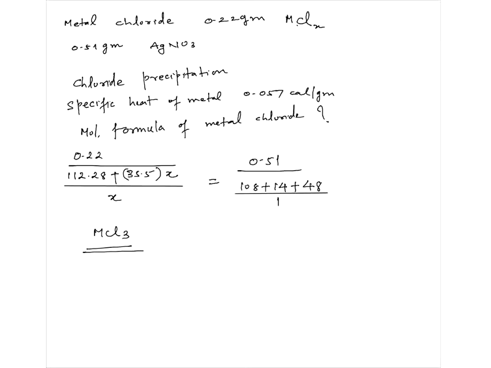So gram weight 0.51 over equivalent weight of silver nitrate. So mass of silver nitrate: silver is 108, nitrogen 14, oxygen 16 into 3, 48. Whole divided by charge on cation, you can take silver plus 1. So the valency factor is 1 for silver nitrate.